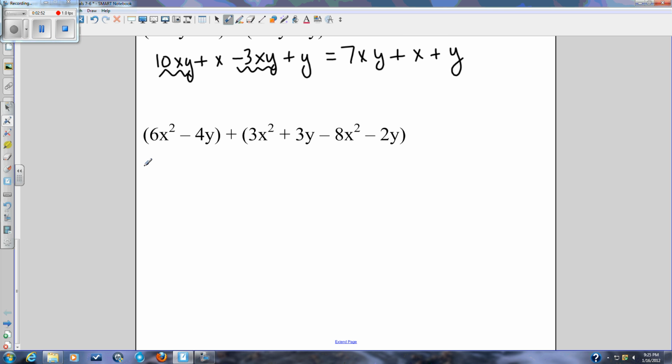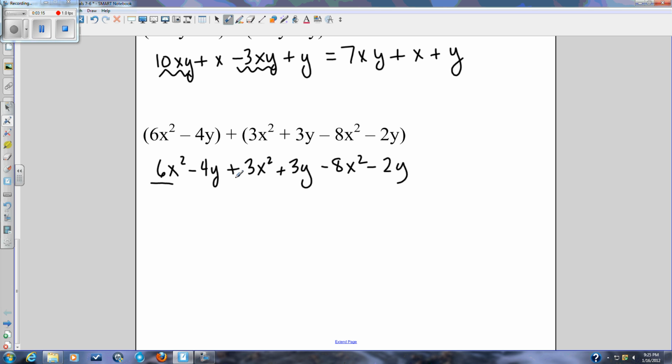Next, we are adding together these next two polynomials, so we have 6x squared minus 4y plus 3x squared plus 3y minus 8x squared minus 2y. So let's go ahead and add the like terms.